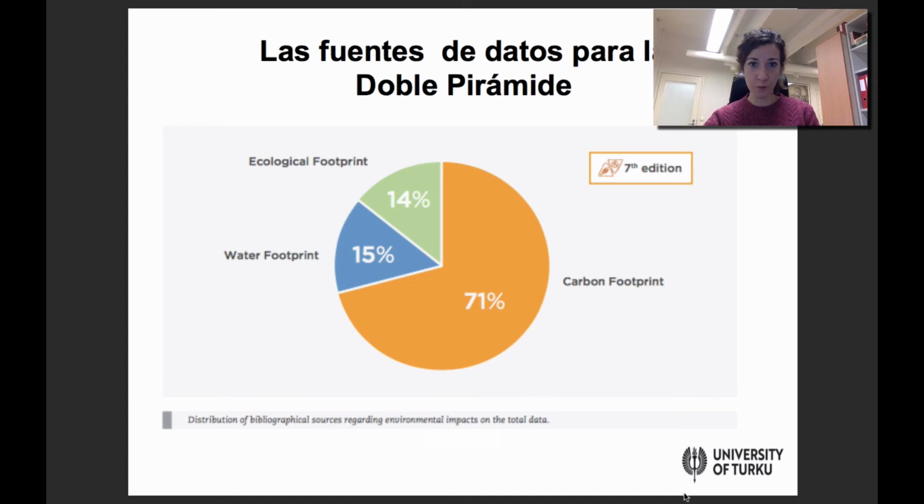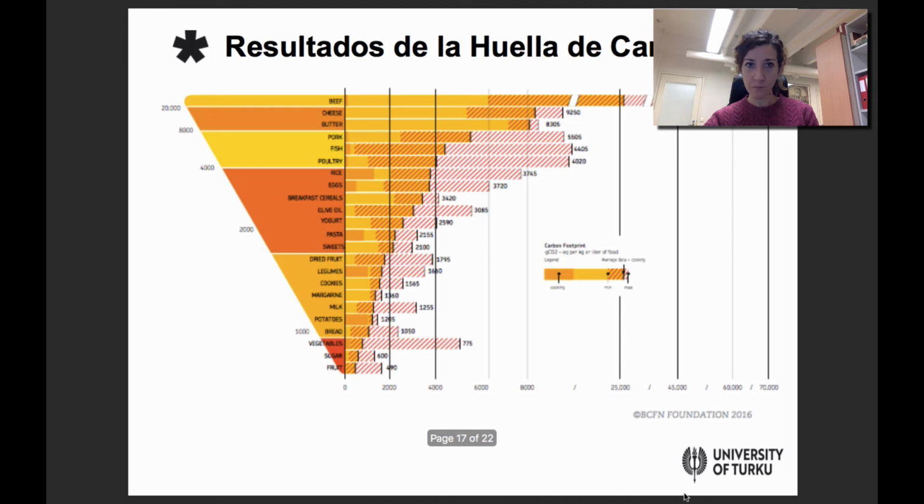So let's move to see the results. Here are the results for the carbon footprint. This is taken from the 2016 edition. And if you remember what the double pyramid picture looked like, you can see that this is very much reflected also in the carbon footprint results.